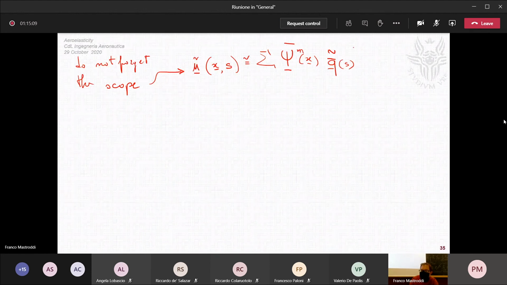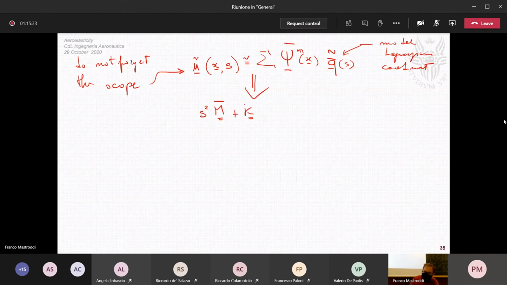So I'm using these Lagrangian modal coordinates, and I will represent the motion in the Laplace domain with s squared times the diagonal modal mass plus the diagonal modal stiffness k, applied to this vector q bar tilde, equal to 1/2 rho U to the power 2.